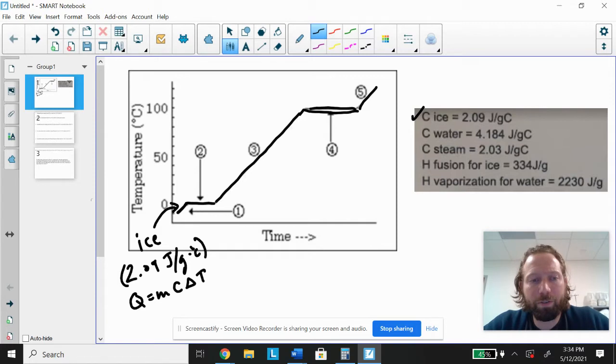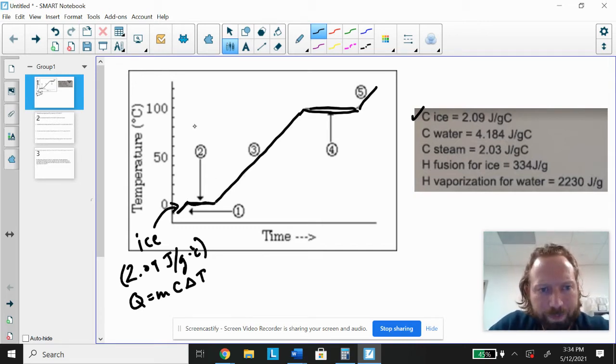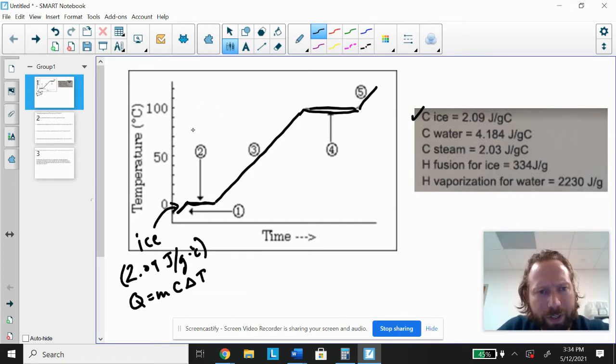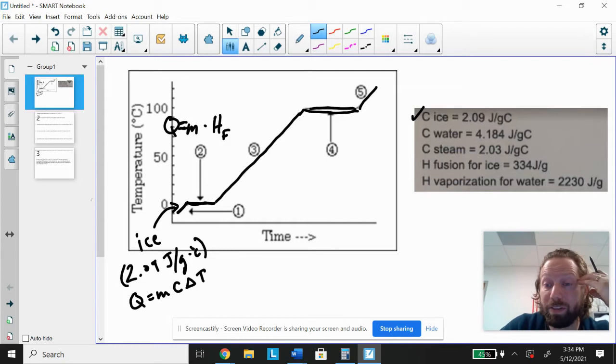Now, let's say you're going from 0, where it's frozen ice, and you're going to melt all that ice. So that's where number 2 is, the plateau here. At 2, you have the heat of fusion here. So you have a formula where you have the mass times the heat of fusion, and this is going to give you the amount of energy needed to melt the ice.